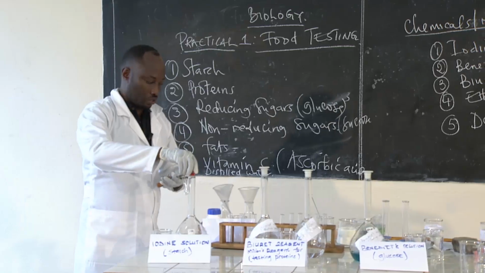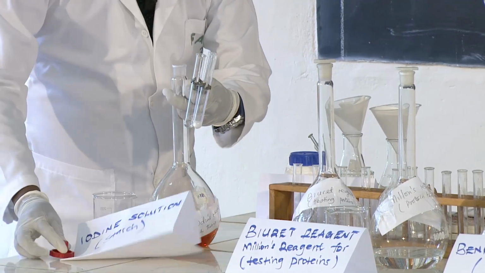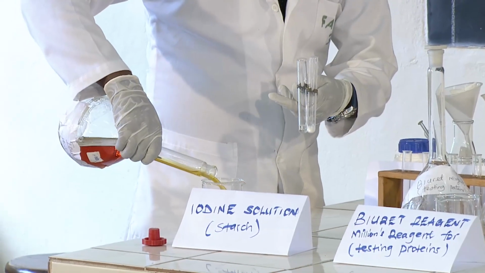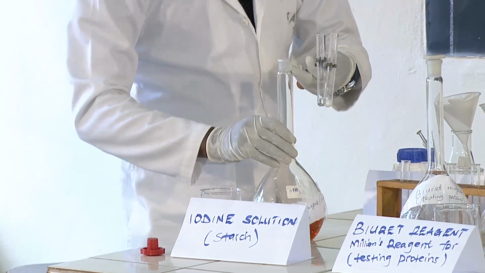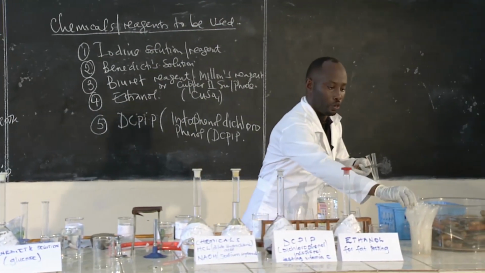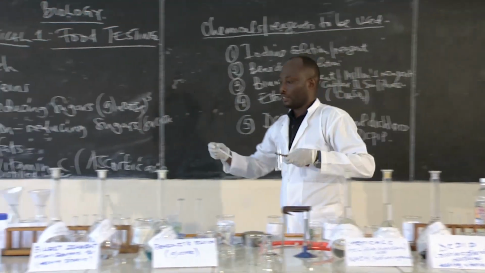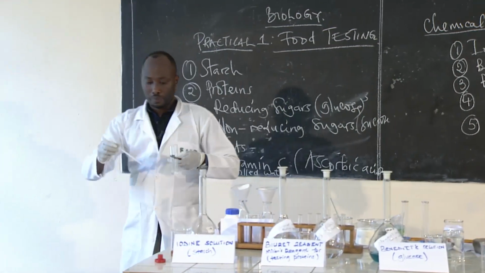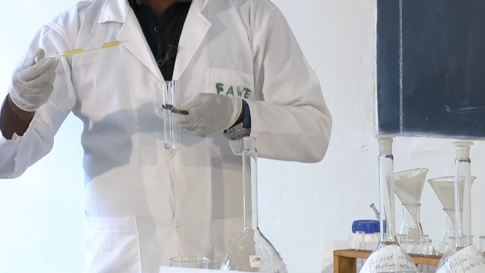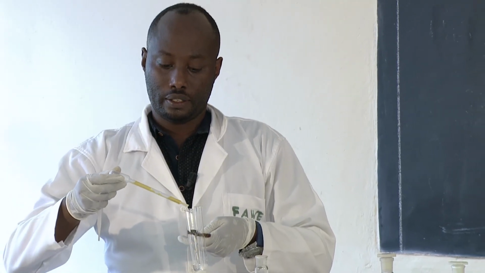I normally use iodine solution. You pour the iodine solution into a beaker. After adding into a beaker, you get the droppers, and then you try to see if there is color changing. You add the same amount as the amount of the starch you have added.